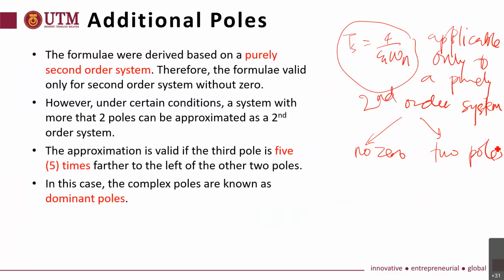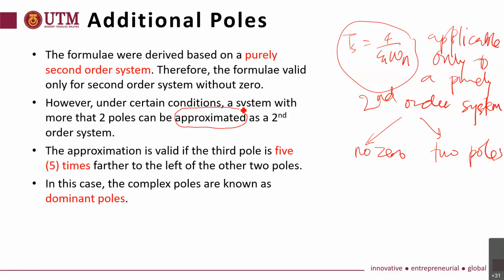However, under certain conditions, a system can be approximated as a second order system. Sometimes, in some cases, we can approximate a higher order system into a second order system.